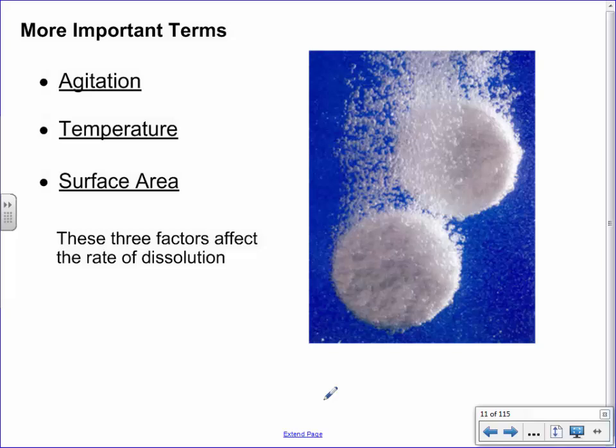Let's talk through why they do that. First of all, stirring, agitating things. Hopefully it's intuitive that when you stir stuff, you're spreading it out more. Naturally on its own, water is going to want to rip all those ionic pieces apart. If you just left a sugar cube or a salt cube in water, slowly but surely it would dissolve.